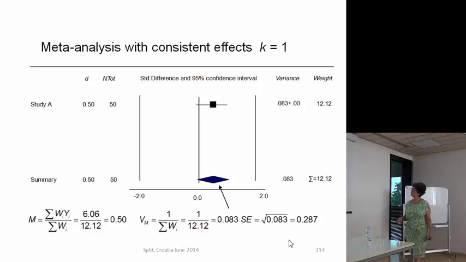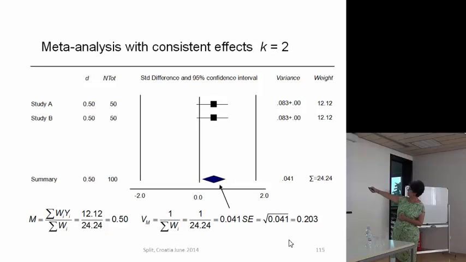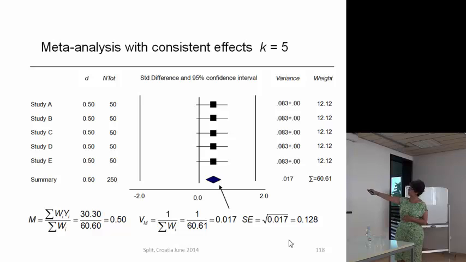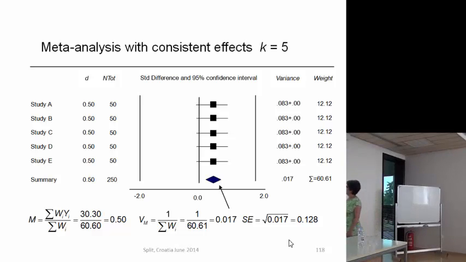Now, if you want to see how we would work that out in terms of how we would weight the study, you can see that in this case, each study, because it's exactly the same size, carries the same amount of weight. What we would do is multiply the weight times the variance, and we take the sum of the weights and divide it, so essentially we compute a sample size weighted mean.